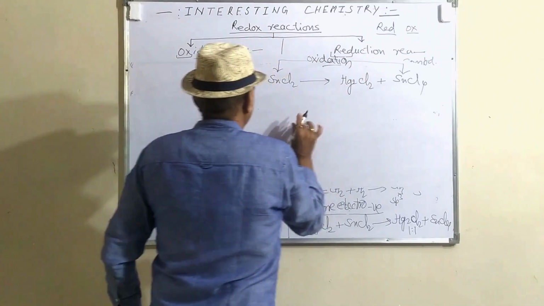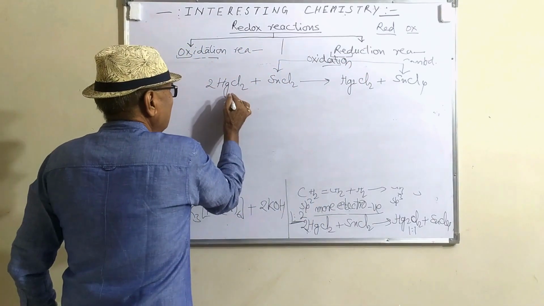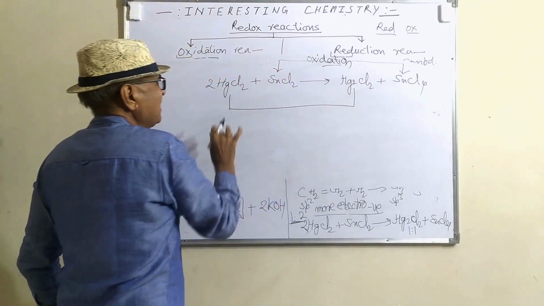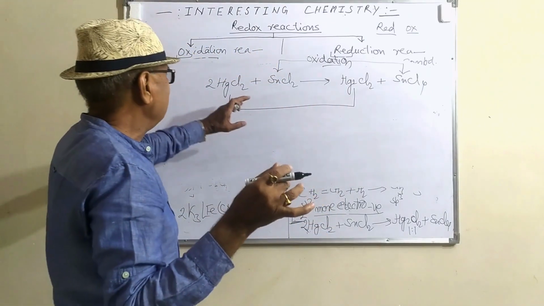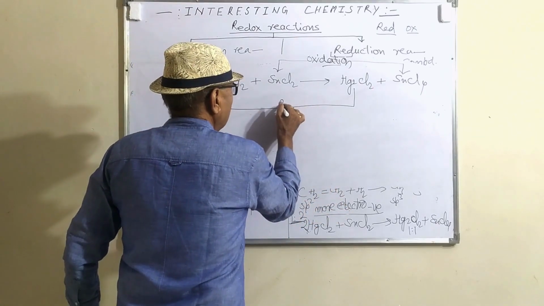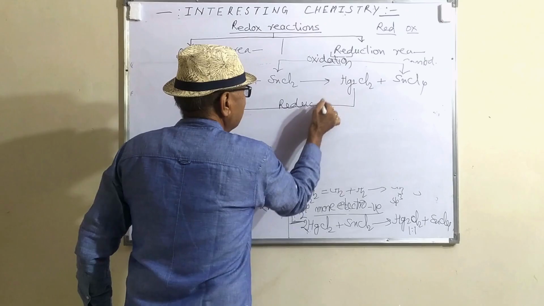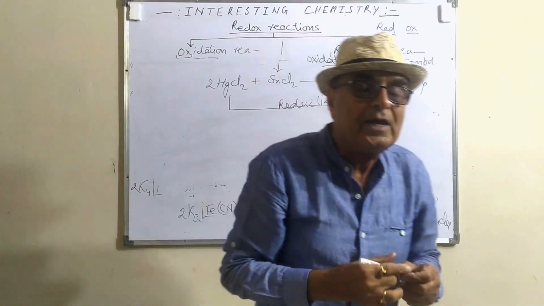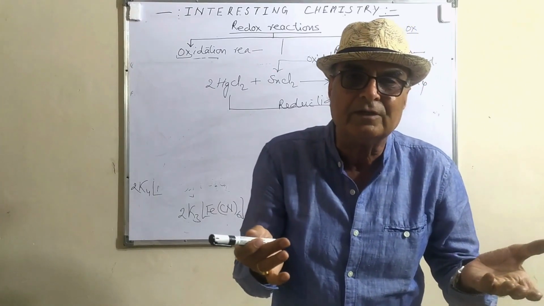So I am saying, when the positive part of the substance is decreasing or there is addition of the positive part, this is a reduction reaction. So here there is oxidation.